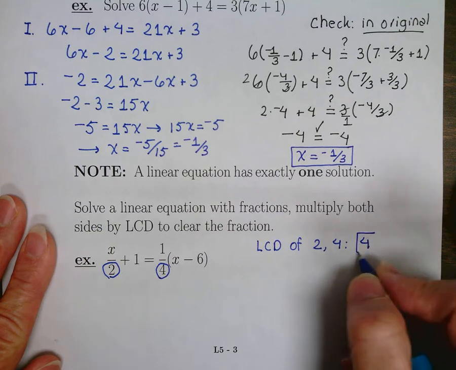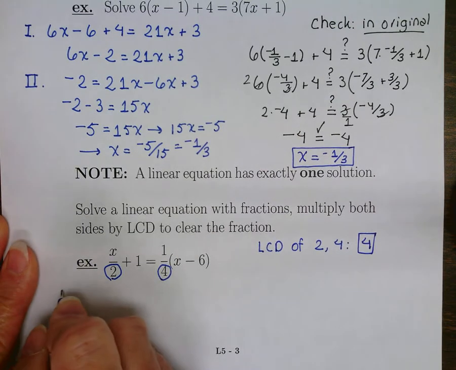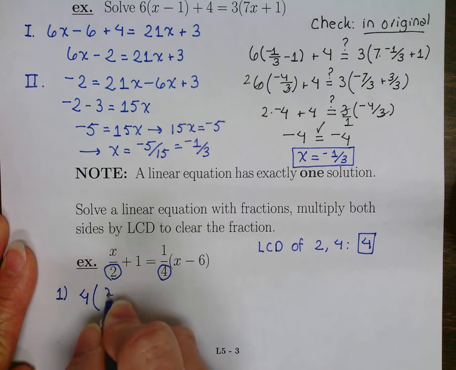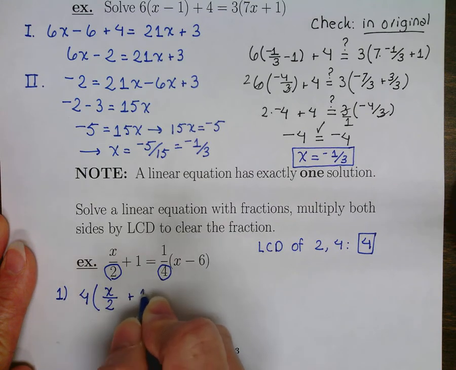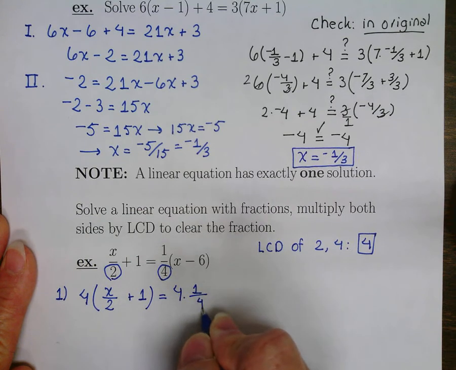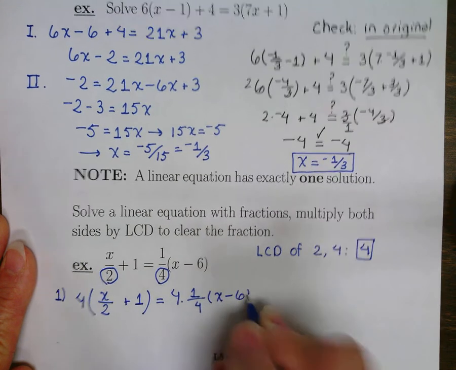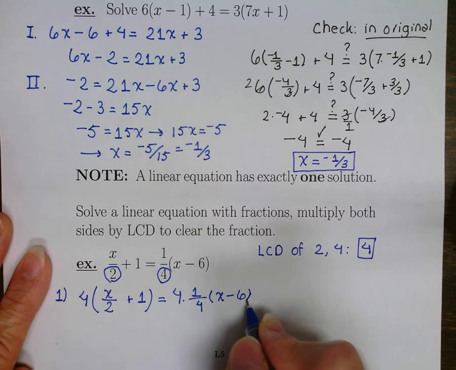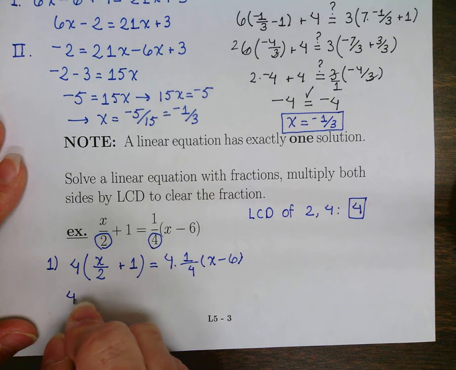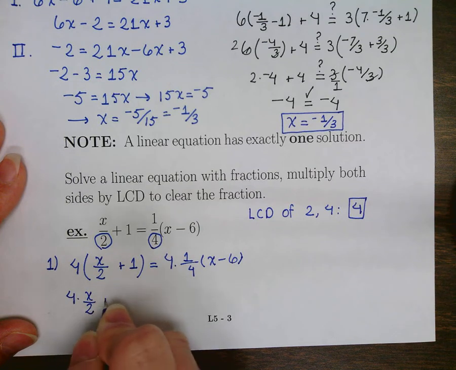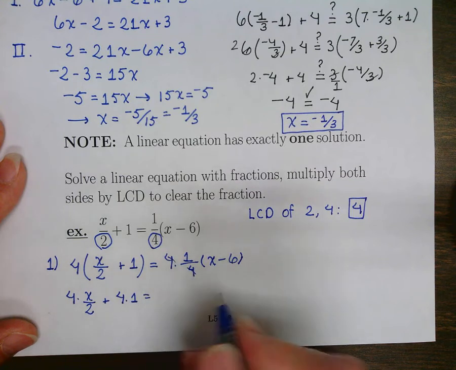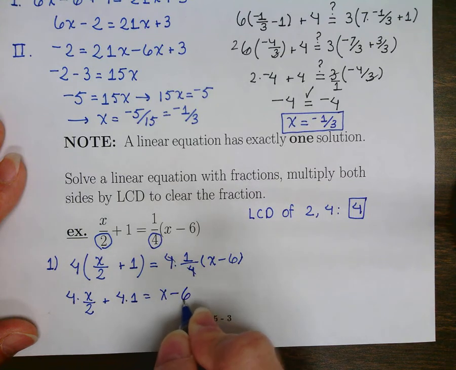Okay, so what I'm going to do then is multiply both sides by that least common denominator. And the key is that what you do to one side of the equation, you have to do to the other. So I multiply both sides by 4. And notice what happens here. I can multiply that out. And here the 4's just cancel, and I'm just left with x minus 6.